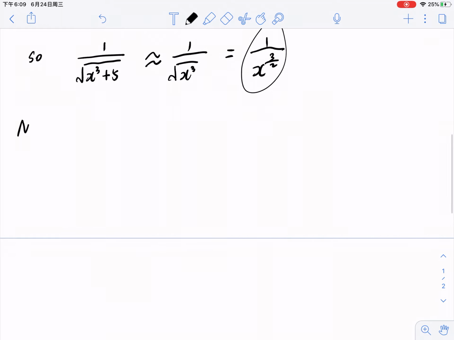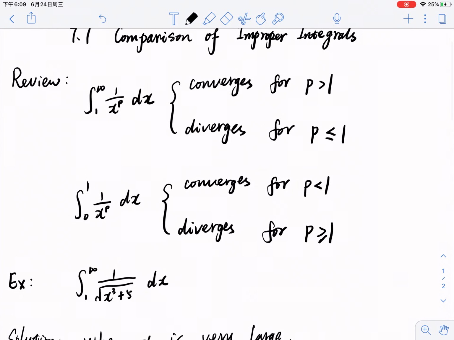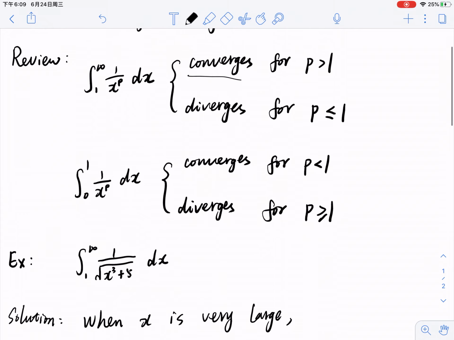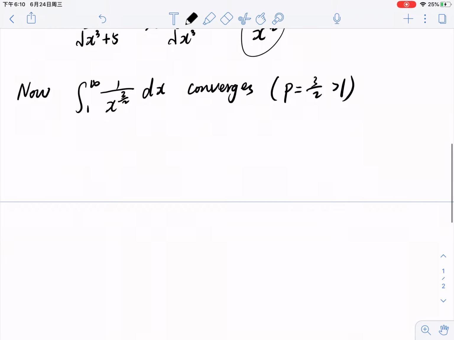Now we know the integral from 1 to infinity of 1 over x to the 3 over 2, dx. From what we reviewed, p is 3 over 2, so this improper integral converges, since p is greater than 1, and it has a value of 1 over p minus 1, so 3 over 2 minus 1, so this is 2.